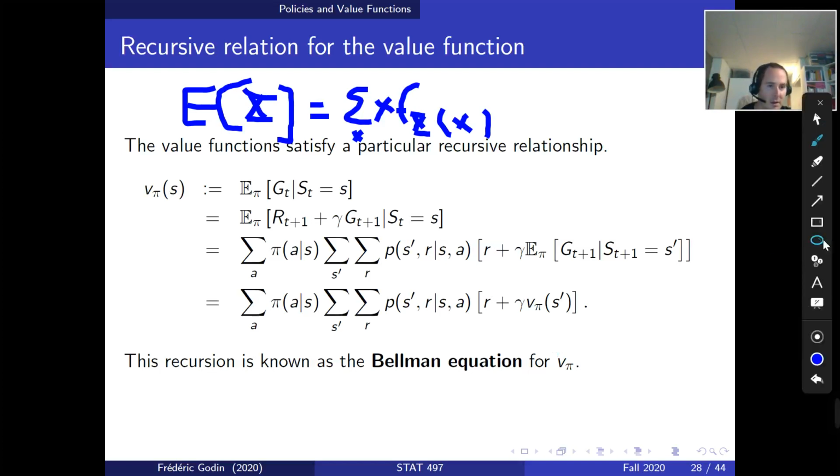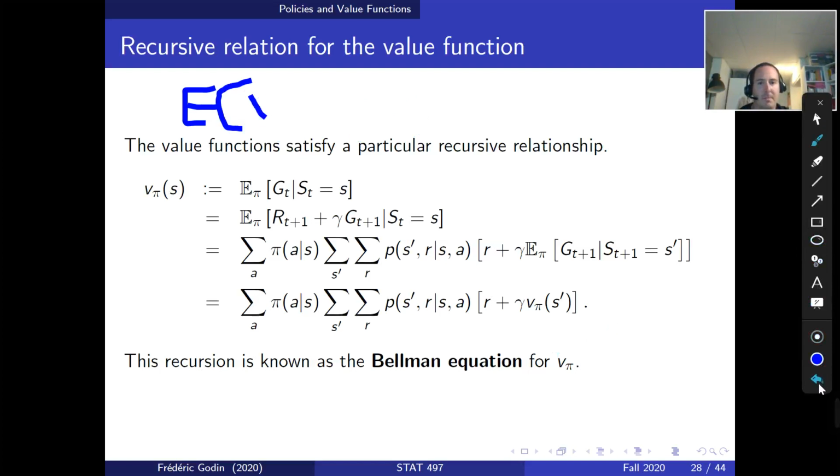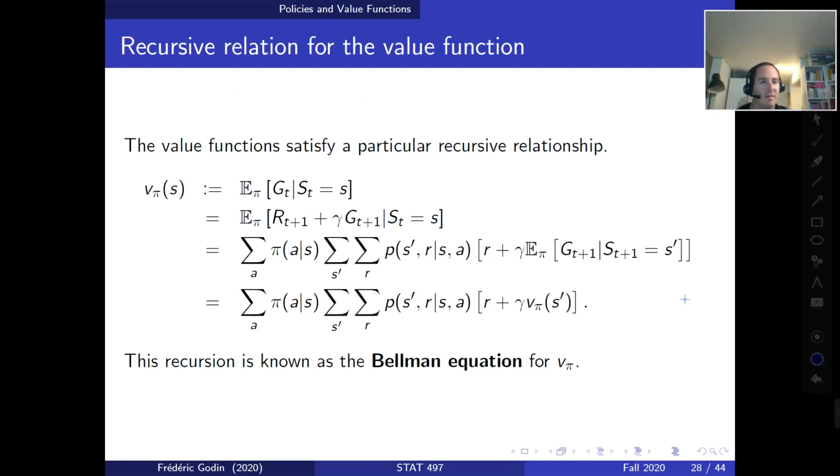Okay, so this requires a bit of reflection. Sorry, I was a bit messy in my notation, but please take some time to convince yourself that this is true, and maybe have a look also at the explanations in the book, because they're a good complementary source that may explain it a bit better than I did.